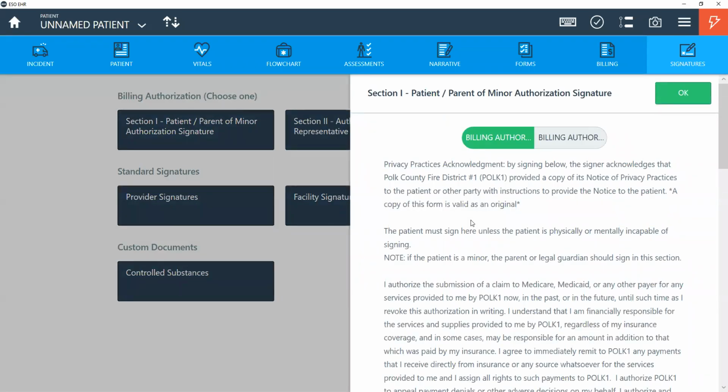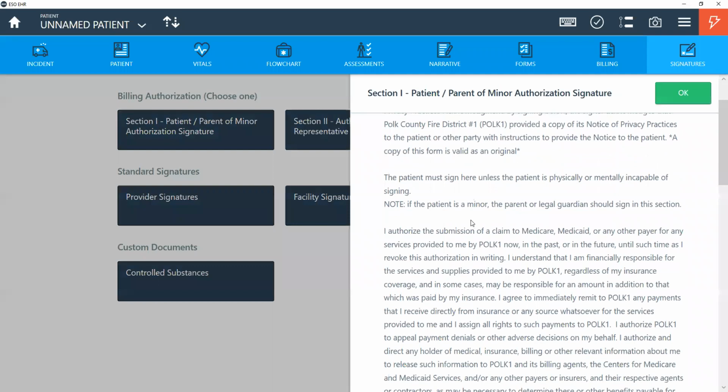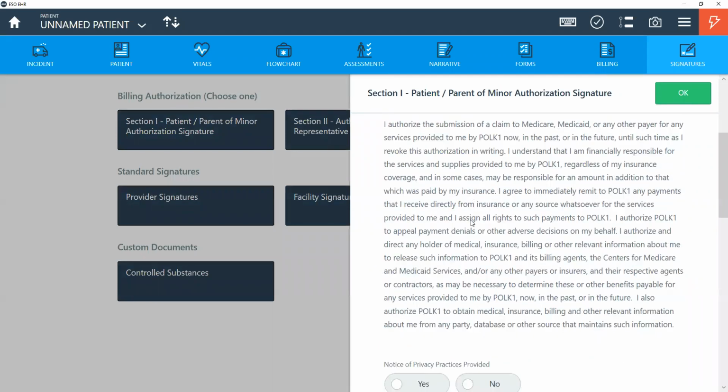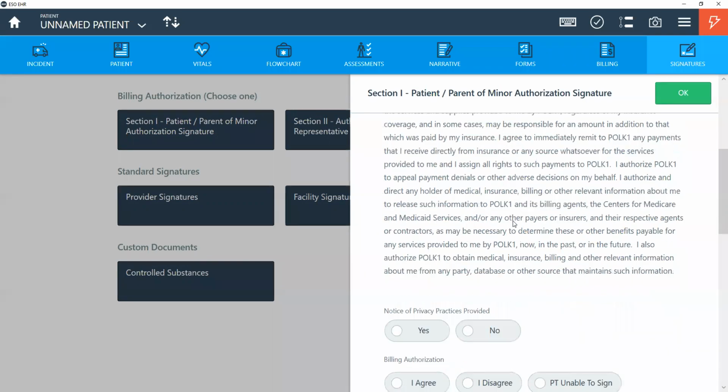It allows us to share the information and makes it a lot easier for us to process the things we need to process, so that we can get some reimbursement for the services we provide. If we don't get these signatures, we end up going after them later, which causes additional frustration to the patient and also increases the length of time it takes for us to get reimbursed. So it's really important we do it right the first time.